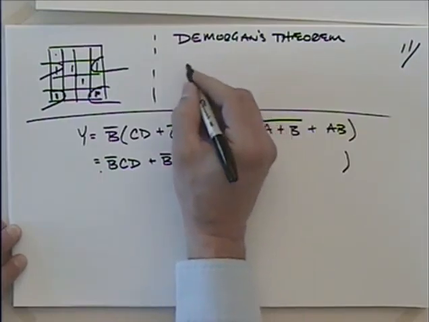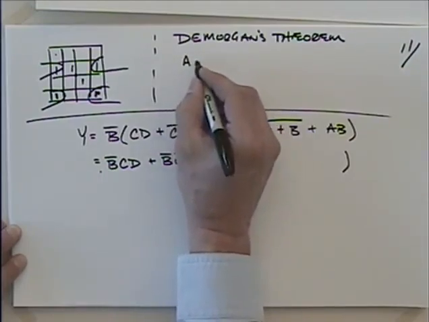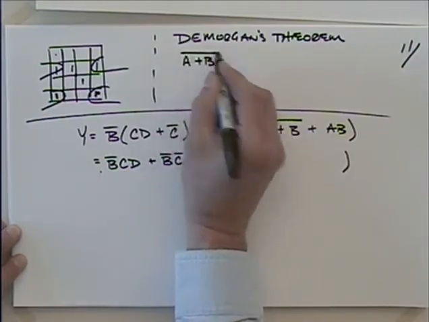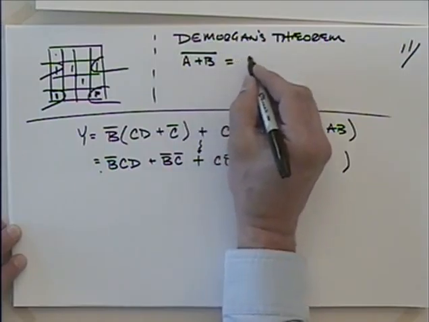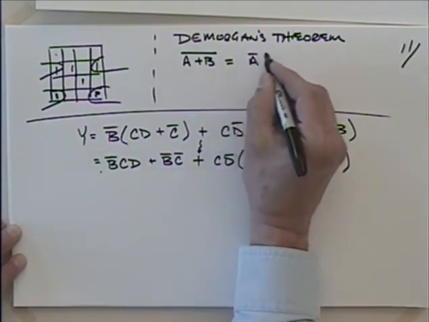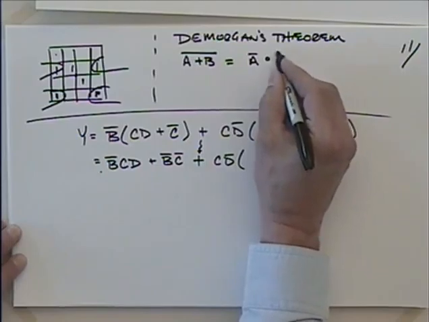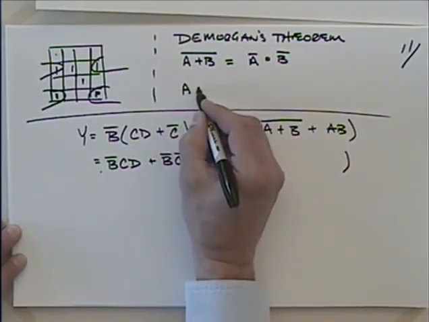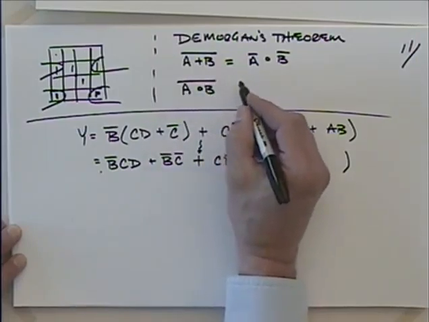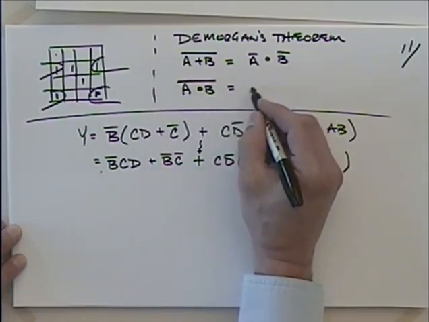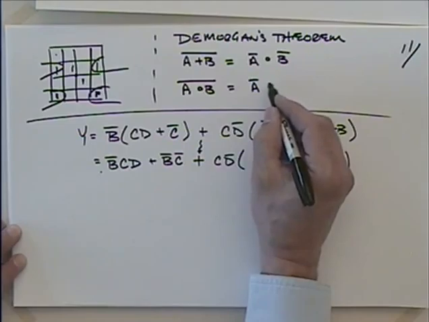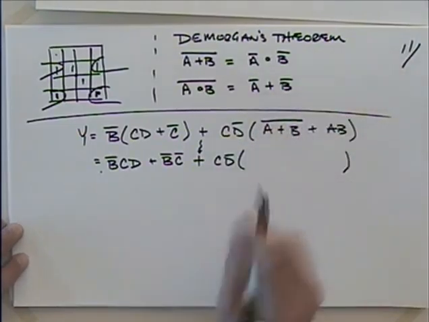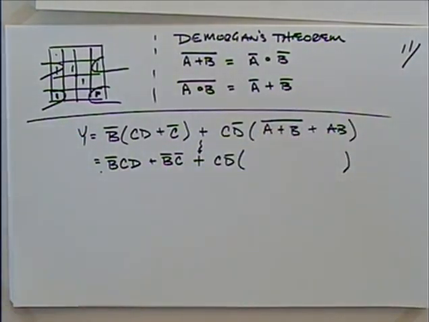De Morgan's theorem says that if I have A or B and I invert the entire thing, that is equal to the inverse of A ANDed with the inverse of B. Conversely, if I have A and B and I invert the entire thing, that's equal to the inverse of A ORed with the inverse of B. Double check that. I don't want to write down the theorem incorrectly. I think we're good.